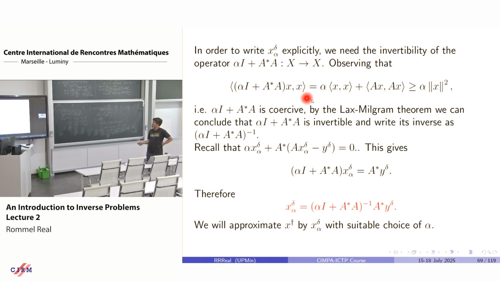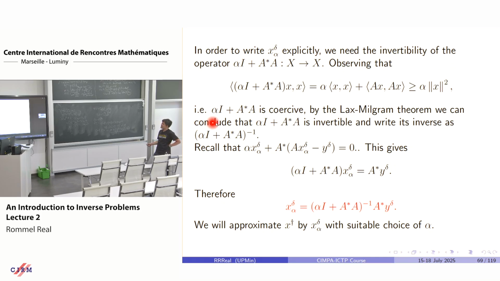we can treat this term here, the inner product of this operator here, as some bilinear form. As you can see, by properties of the inner product and the adjoint, this is equal to this one. And by properties of the norm, this is less than or equal to the norm of alpha times the norm of x squared.